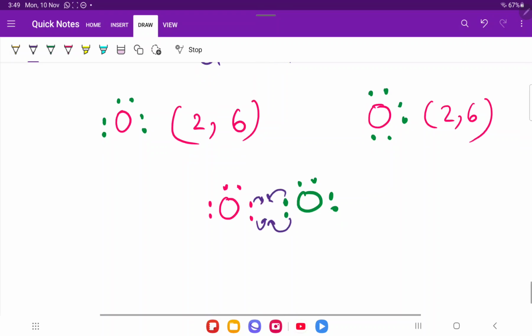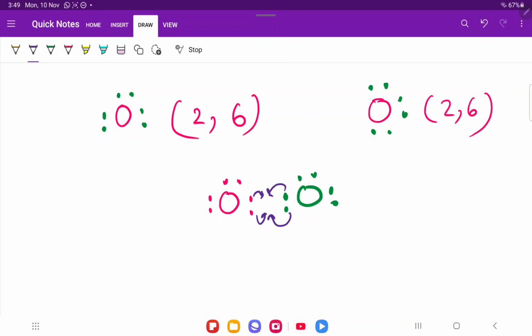Here you have to notice how many total electrons are getting shared. Total 4 electrons, so this is basically 2 electron pairs, or we can say 2 bonds. If 2 electrons make 1 bond, then 4 electrons make basically 2 bonds.